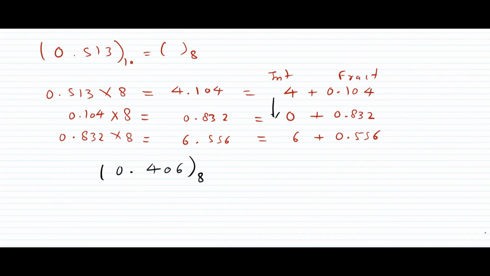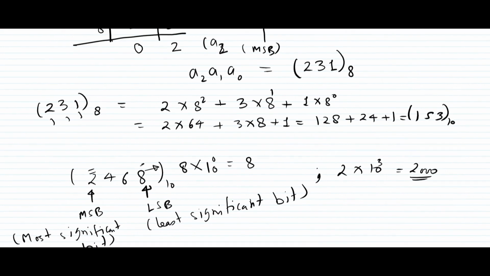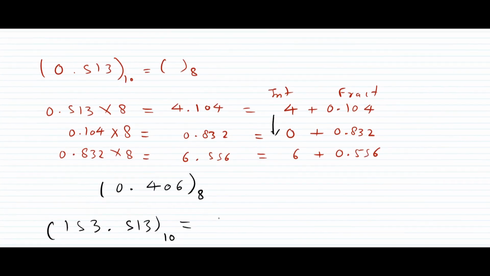So suppose I give you 153.513 in base 10. I have already calculated 153, right? And what was 153? 153 was 231.